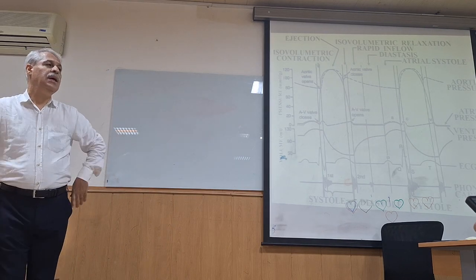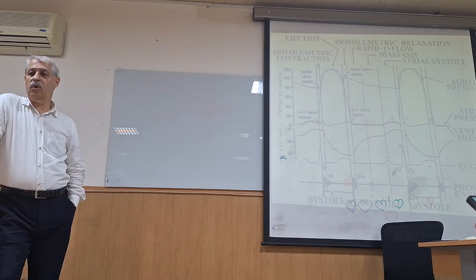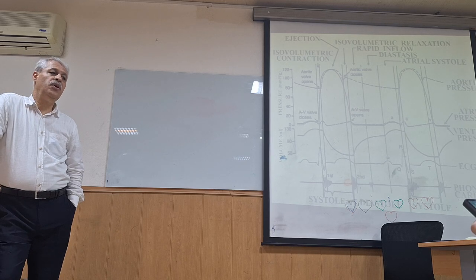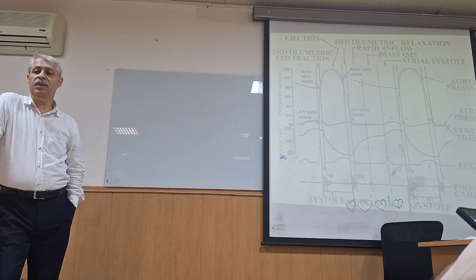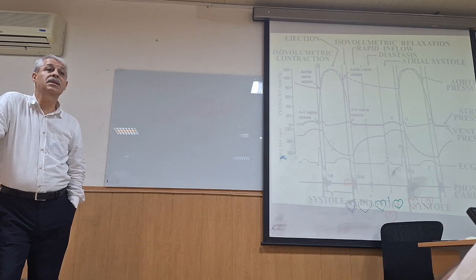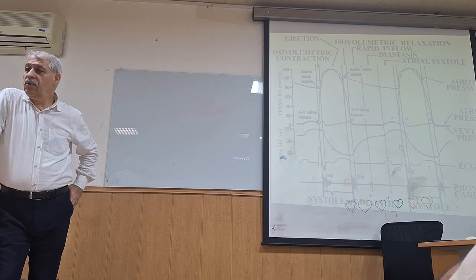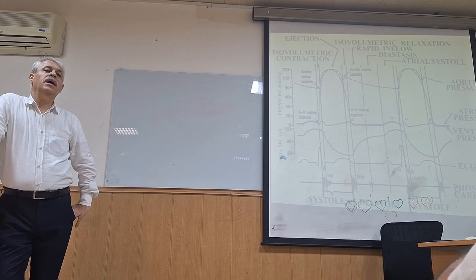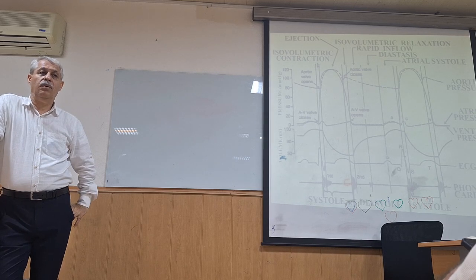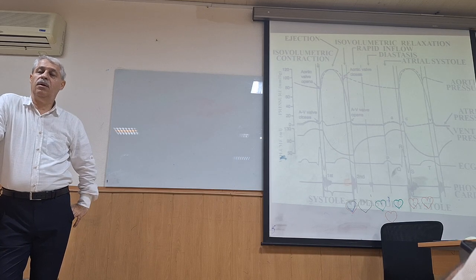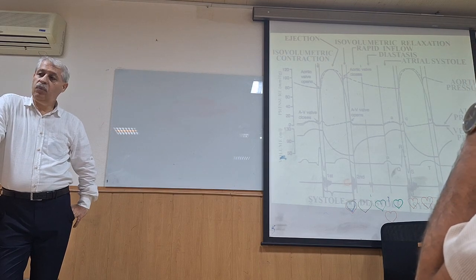The normal extracellular potassium concentration is 3.5 up to 5 millimoles per liter. We have learned it in cell physiology. If we increase the extracellular concentration of potassium up to 8 millimoles per liter, tell me what will happen.